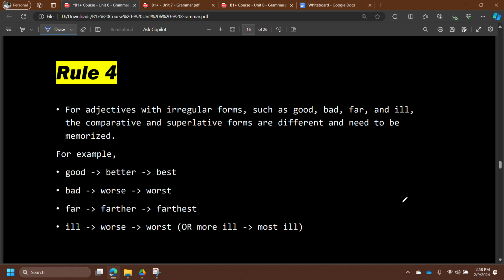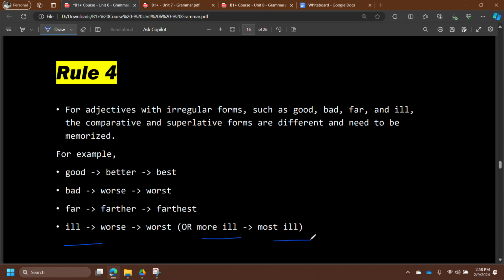Farther and farthest is used for actual physical distance, while further and furthest with a U there are normally used with metaphorical or at least non-physical things, like when you're asking for further information, you can use further and not farther information. Ill is another irregular adjective that becomes worse and worst, or even more ill and the most ill.